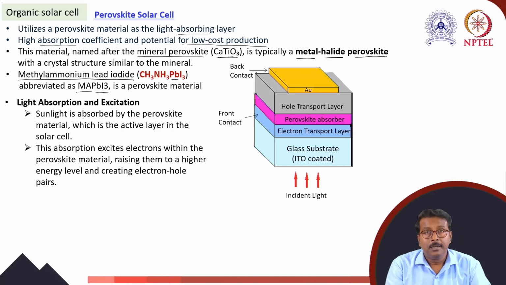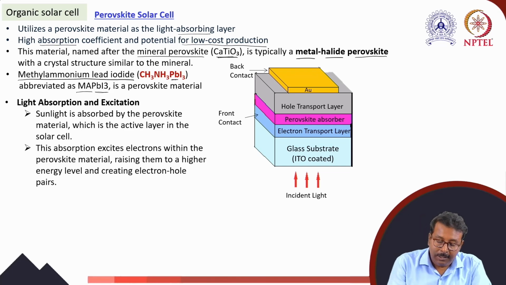So let us see the structure. First, it is on a glass substrate. Two layers which are very important in this solar cell are the electron transport layer, sometimes called ETL, and the hole transport layer, or HTL.